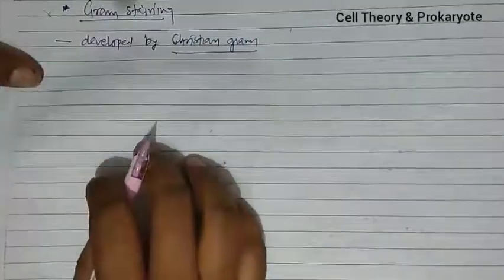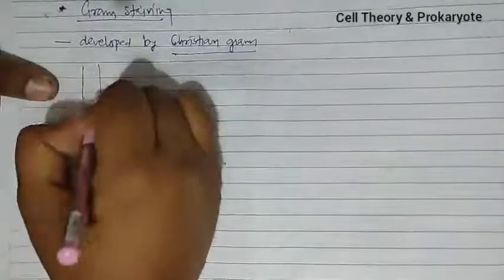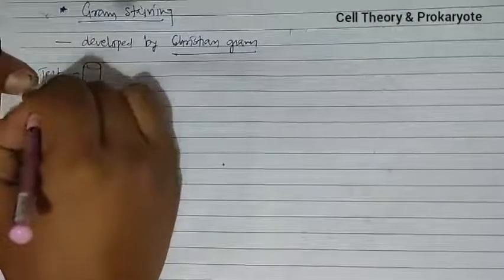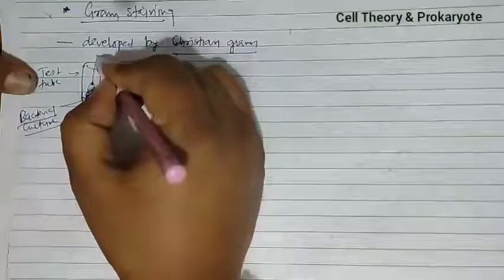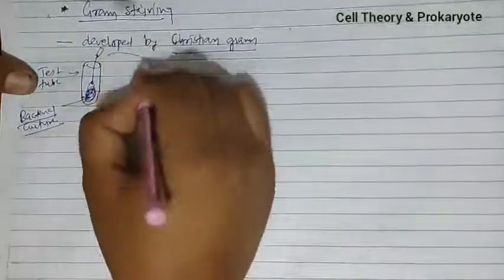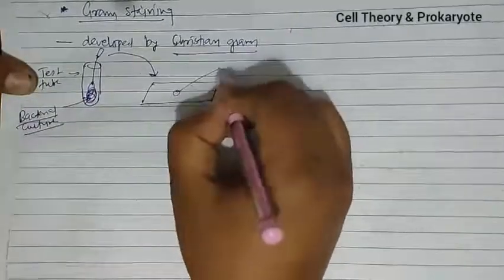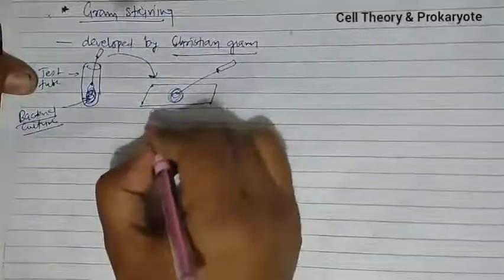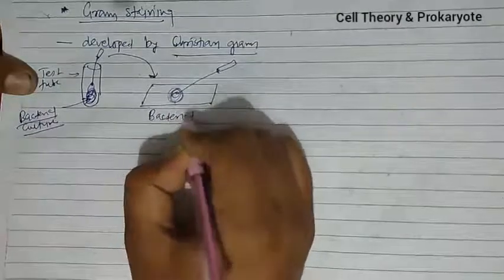They took a bacterial culture in a test tube, took one loop full of bacteria and kept it on a slide. If we take a loop full of bacteria and rotate it on a slide, it creates a bacterial smear.